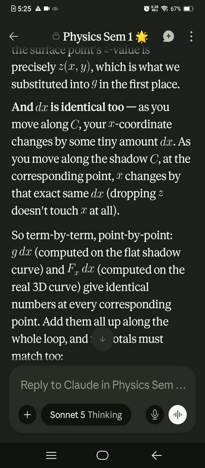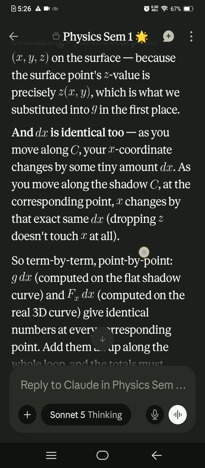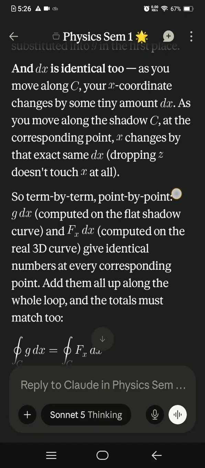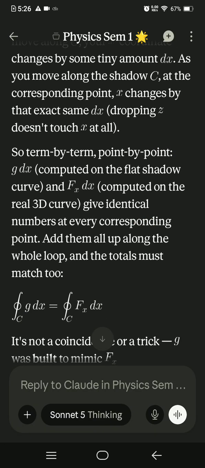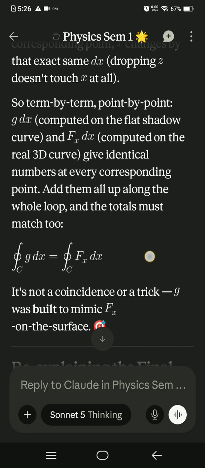Dropping z doesn't touch x at all. What do you mean? Anyway, so term by term, point by point, g dx computed on the flat shadow curve and fx dx computed on the 3D curve give identical numbers at every corresponding point. Add them up all along the whole loop and the total must match too.